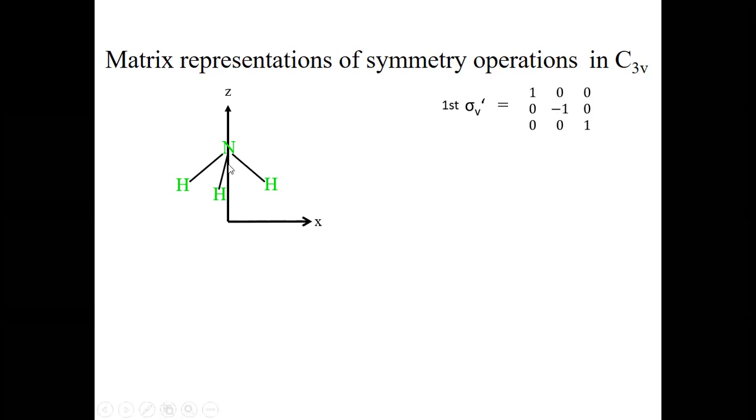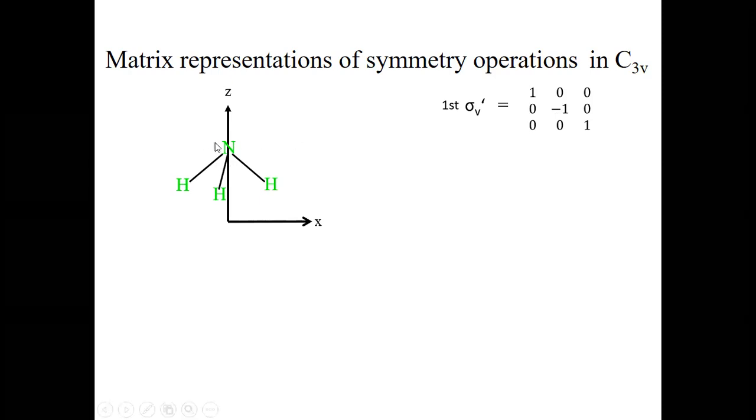Any point that lies below the mirror plane will be mirrored to the front of the mirror plane, and any point in space that lies before the XZ mirror plane will be mirrored below. That doesn't change the coordinates x and z, but the y coordinate changes algebraic sign.